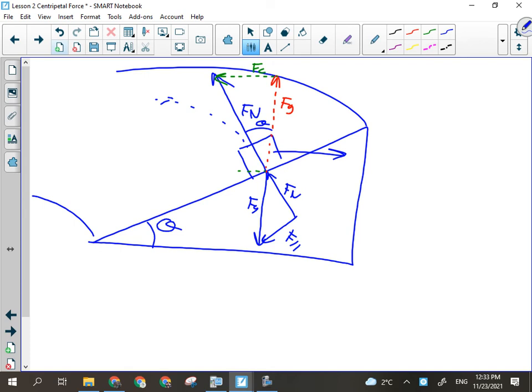It eliminates the need for friction. By banking the corner, now you can see that in here, I don't have force of friction labeled anywhere. I'm imagining that this corner is covered in perfectly frictionless ice, which means if I go the right speed, I stay right in the corner. If I go too fast, I'll go out, and if I go too slow, I'll slide in.